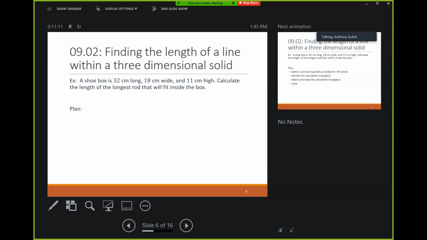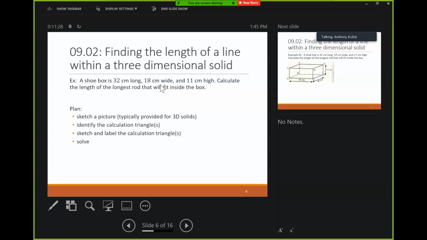As Josh pointed out, that's got to be a hypotenuse of some kind of triangle, since it's the longest side of a triangle, and it's certainly the longest thing you can fit in there. And then we'll sketch, label, and solve that triangle. So this is a little rundown of what we're going to do.